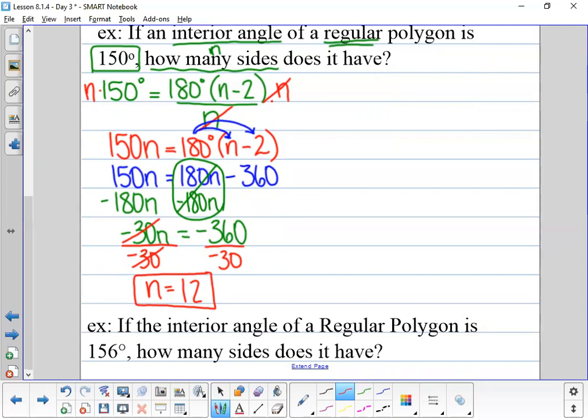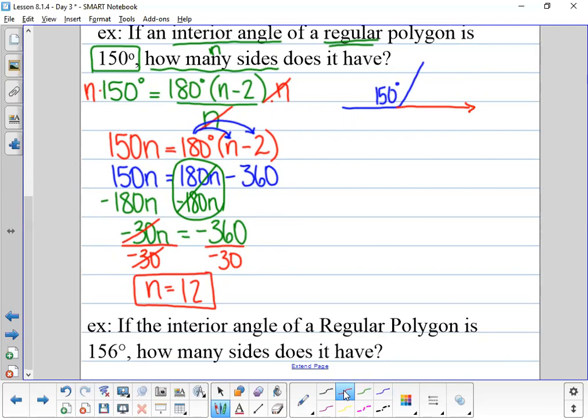Here's my second method. I know that when I have an interior angle of a polygon, so like here's my polygon, I can extend one of the sides to get my exterior angle. So if my interior angle is 150 degrees, the exterior angle is going to be supplementary.